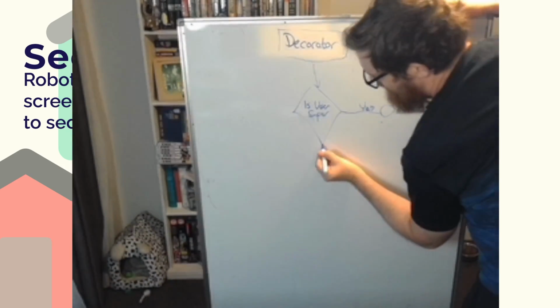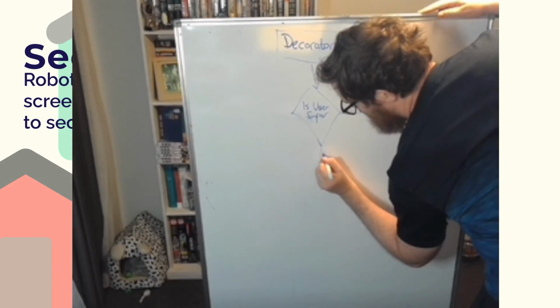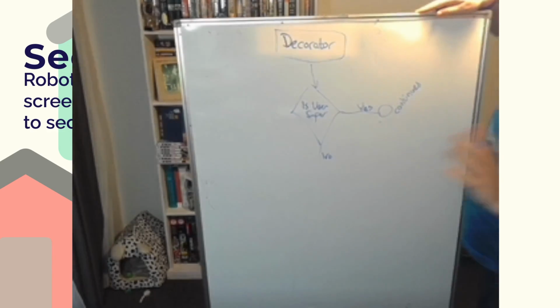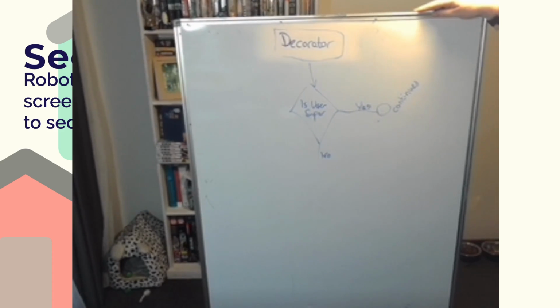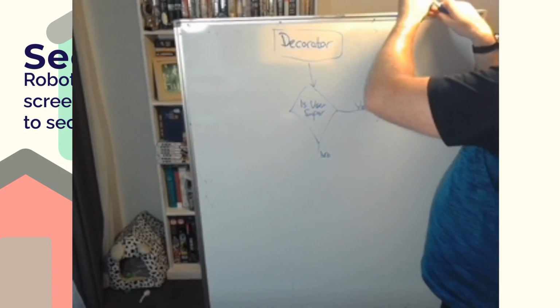All right, if they're not, this is where it gets tricky, because what we need to do is we need to check.